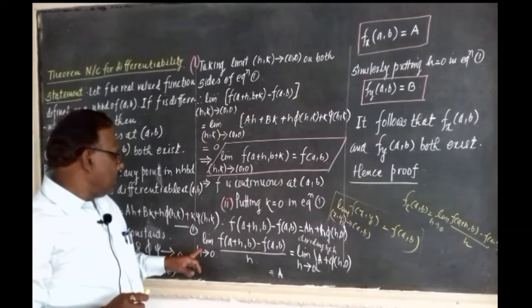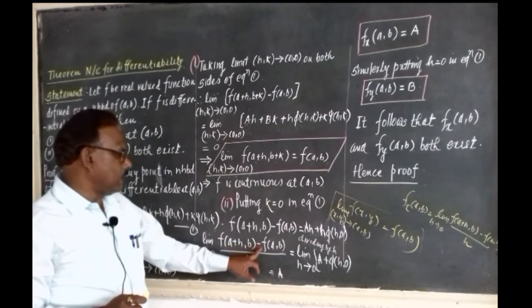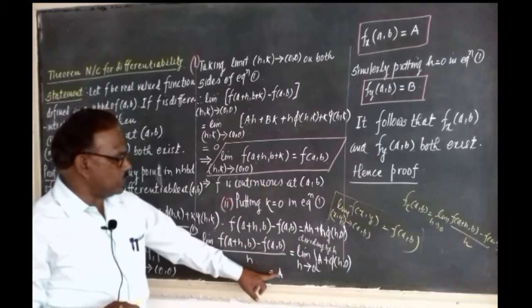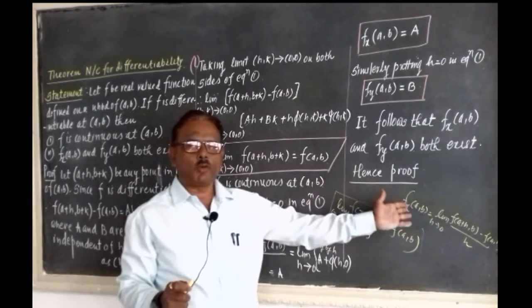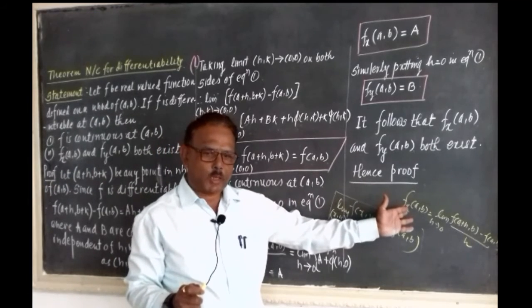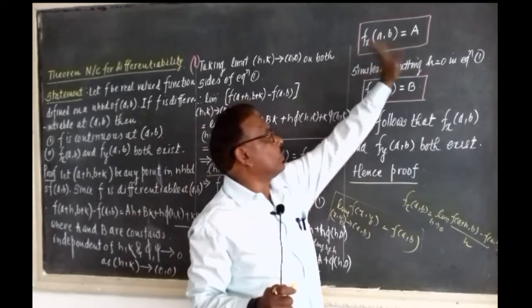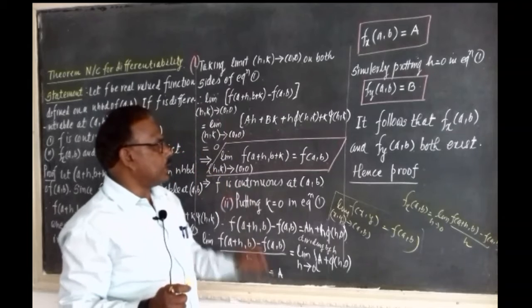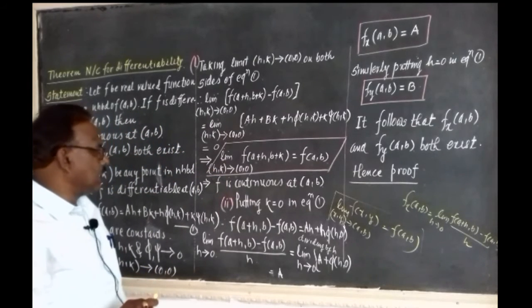That means the limit as h tends to 0 of f of a plus h comma b minus f of a b divided by h is equal to a. But the left hand side is the partial derivative of the function with respect to x at point (a, b). Therefore f_x at (a, b) is equal to a. That means the first partial derivative with respect to x exists.